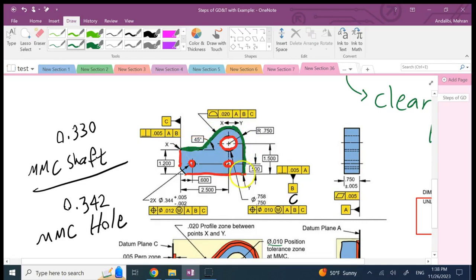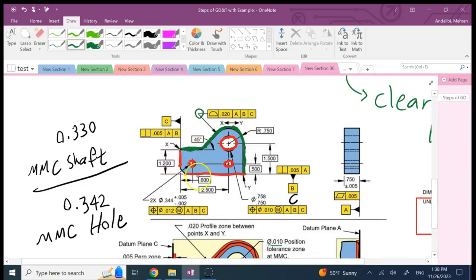And how can I do that? Well, this whole green region is not a region with a single dimension. It's an entire surface. And since it's a surface, for it, I use a what? I use a profile. And since it's only a portion of the surface, I'm not going to use an all-around symbol here, because if I do, it means all of it. But I don't need all of it. Why?